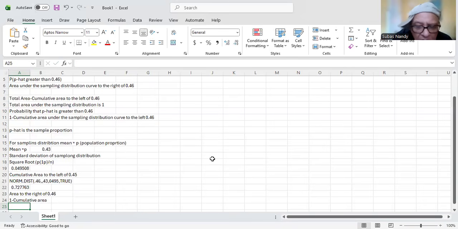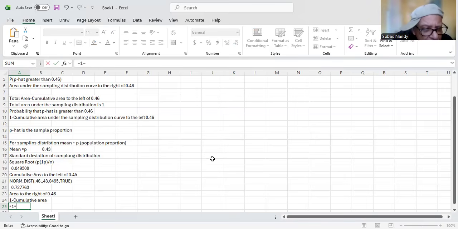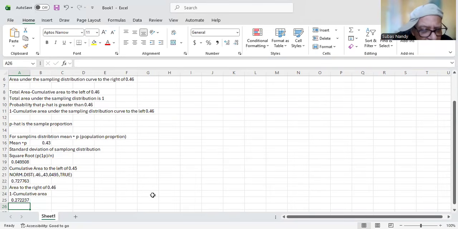So is equal to 1 minus my cumulative area, which is in cell A22. 1 minus A22. Okay, and that's your answer.